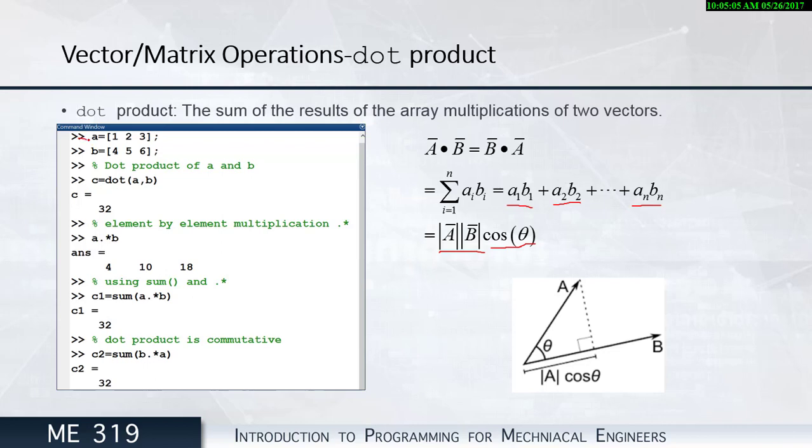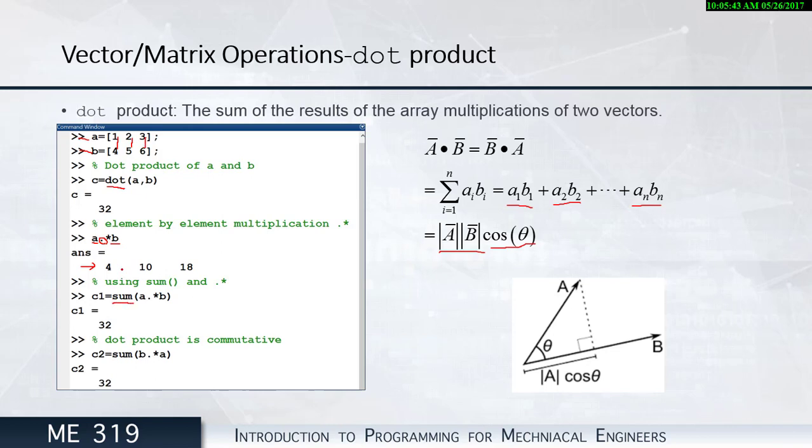The dot product of vectors a and b can be done by using the command dot, parenthesis a, b. This can also be done by element multiplication, vector a times b, but with a dot operation. Then it will give you this vector, which is multiplied element by element.